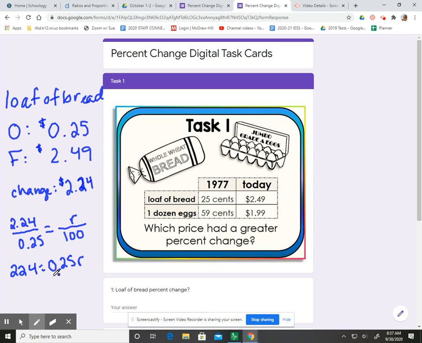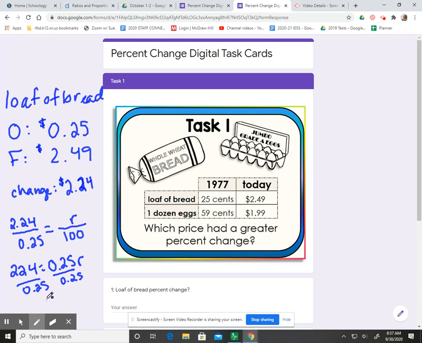To find r, I divide by 0.25 on both sides. So I'm doing 224 divided by 0.25. I get 896.